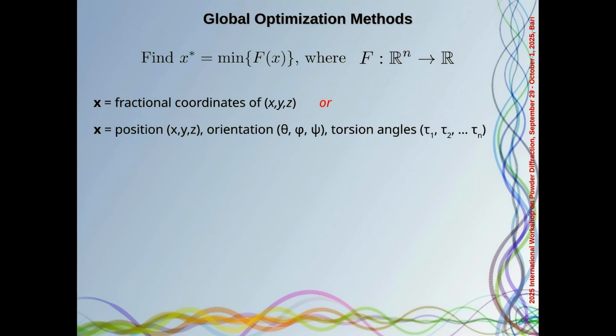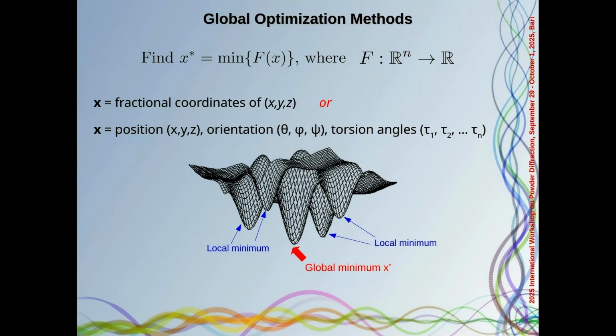This description can be extended to other molecular fragments in the unit cell. The problem is that we are exploring an n-dimensional hypersurface, and this surface contains many local minima corresponding to false, not correct structural models, and we have only one global minimum that corresponds to the correct structure.